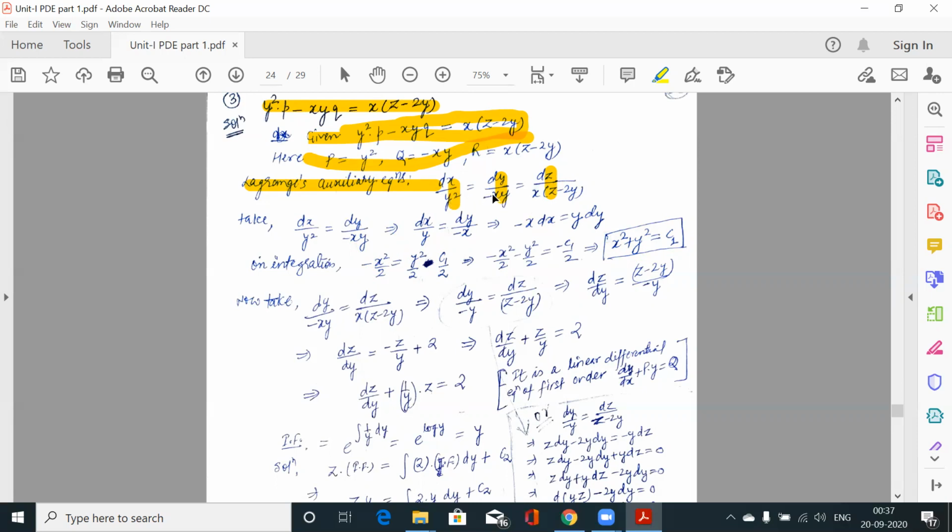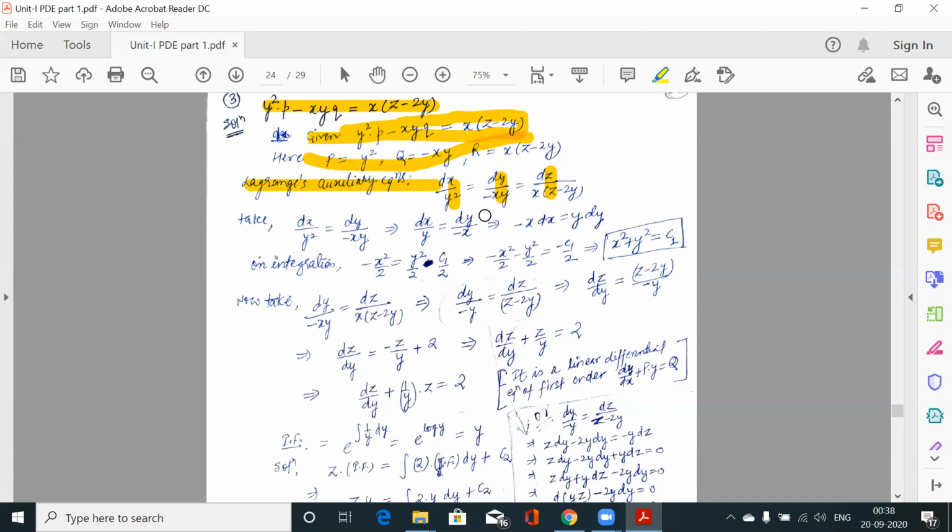This is dx over y square and dz over xz minus 2y. So we have integration with respect to x, with respect to z, but in the denominator we have all three terms, x, z, 2y, meaning y, and this y square cannot be cancelled by this term. So this would not be the possibility to get the second integration.